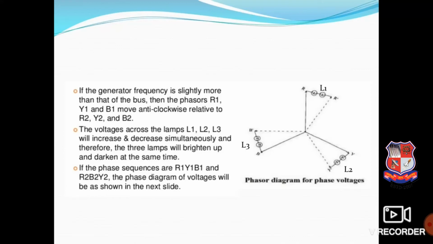If the generator frequency is slightly more than that of the bus, then the phasors rotate anticlockwise relative to the incoming machine. So the voltage across the lamps L1, L2 and L3 increases and decreases simultaneously, and due to that all the lamps brighten up and darken at the same time.